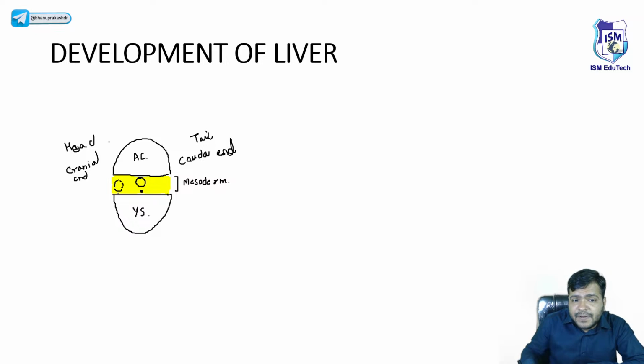So the lateral plate mesoderm will differentiate into a structure called the septum transversum.